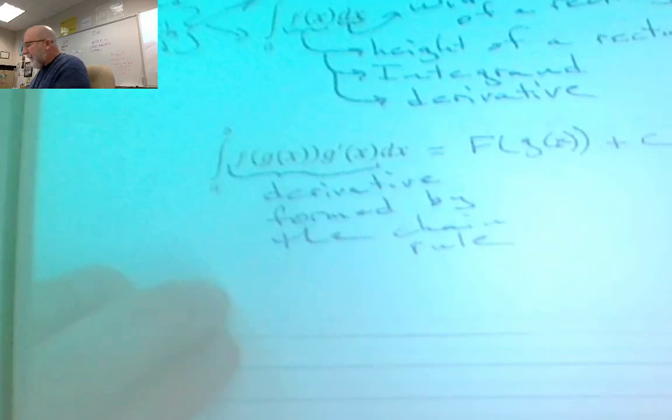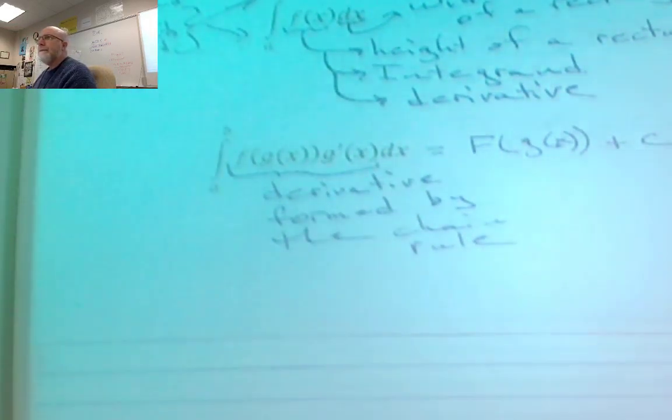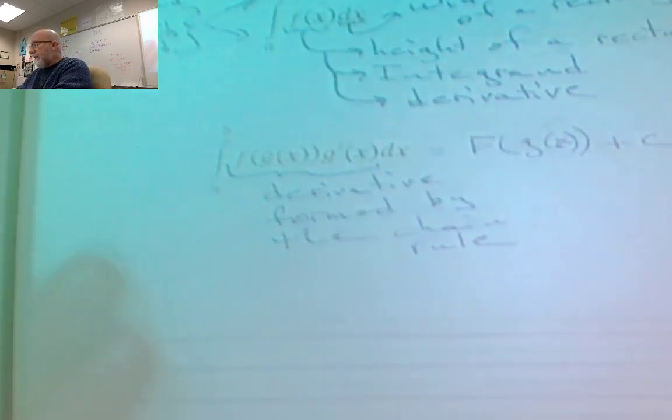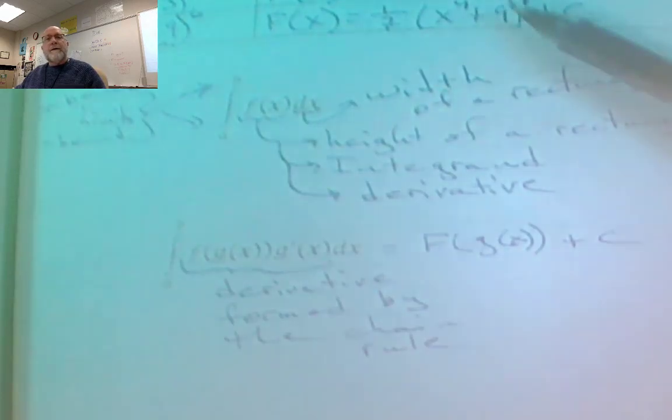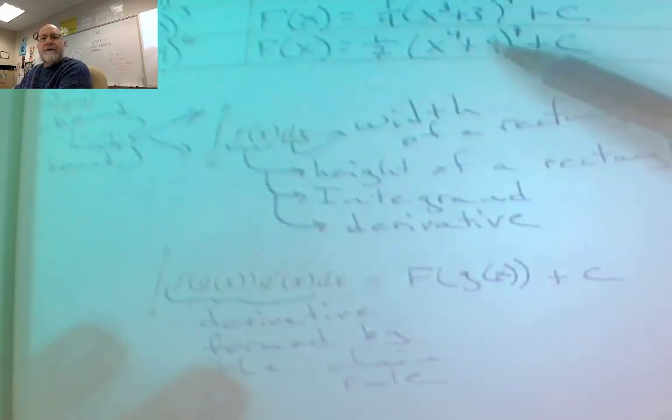So it will be the antiderivative with g of x inside it. Notice in each of the ones, the one that Carter gave us right here, I'll slide this down a little bit. There's g of x.